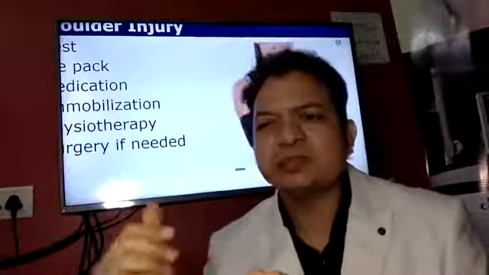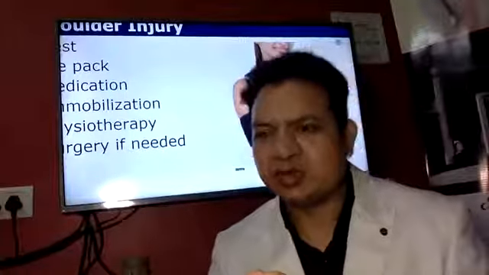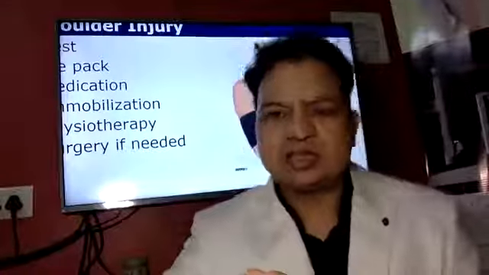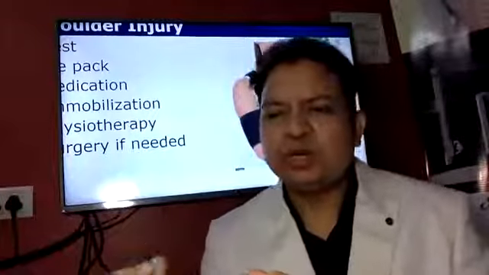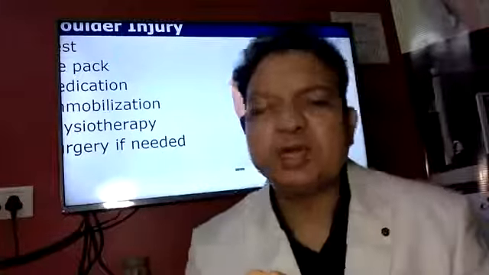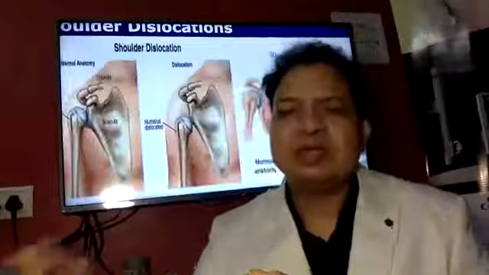If it is not treated by all these means, then definitely surgery is required. But most things don't require surgery. Hardly very few conditions and very few severe problems require surgery. This is all about shoulder injuries.